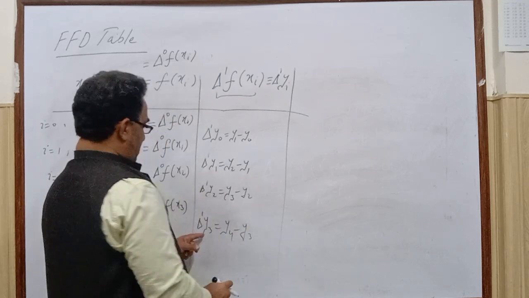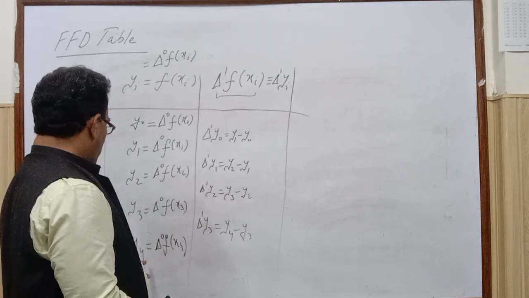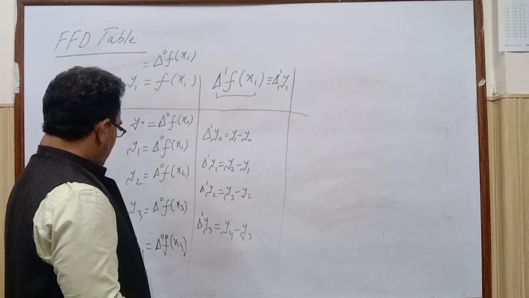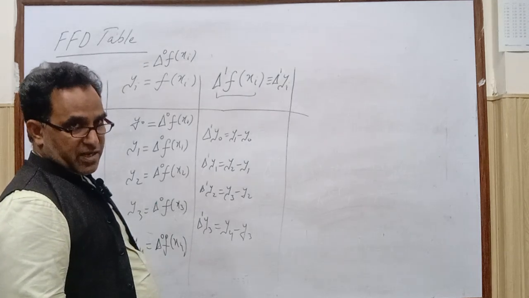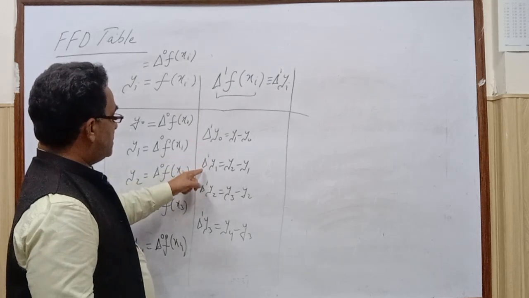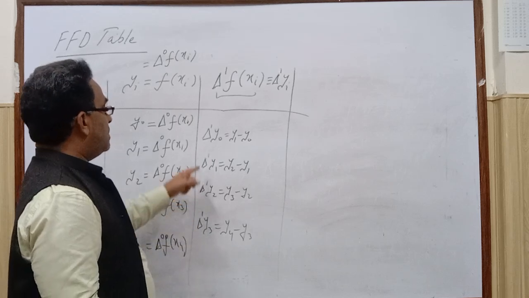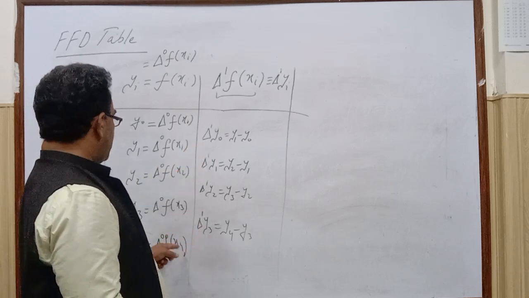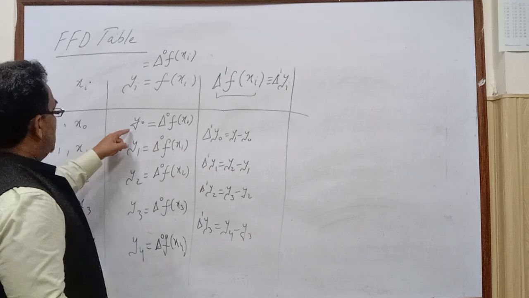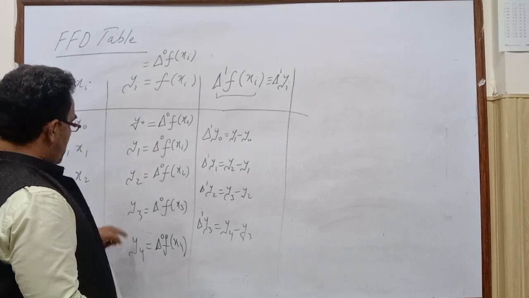After that we cannot get the value of delta 1 y4, because for that purpose we need y5, and y5 is missing. So we can write only these four first forward finite differences for these 5 values.